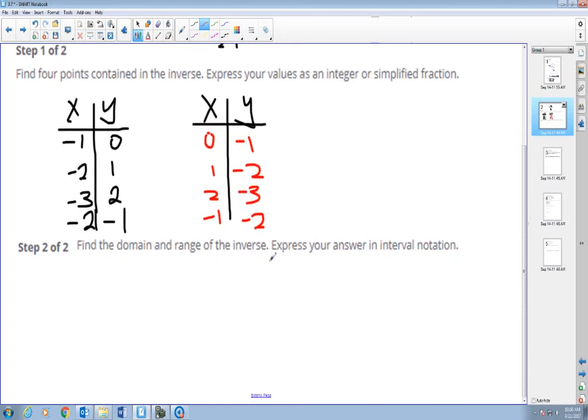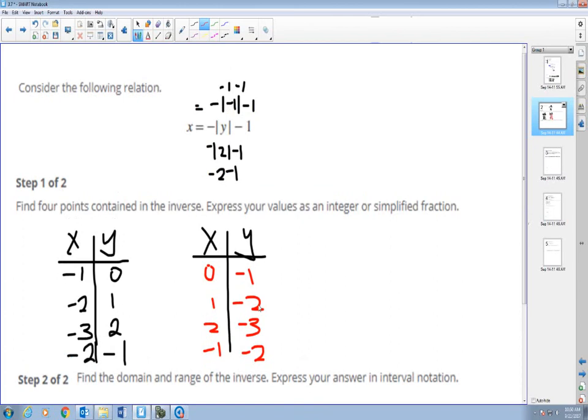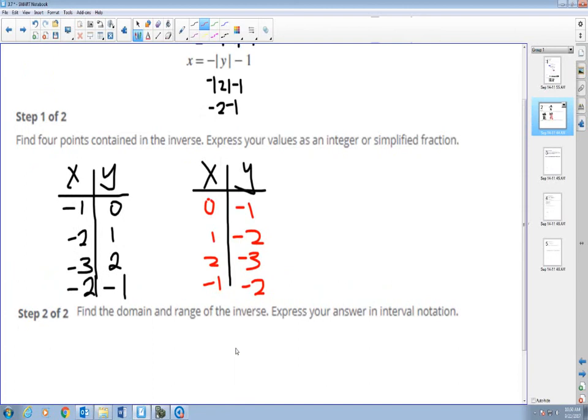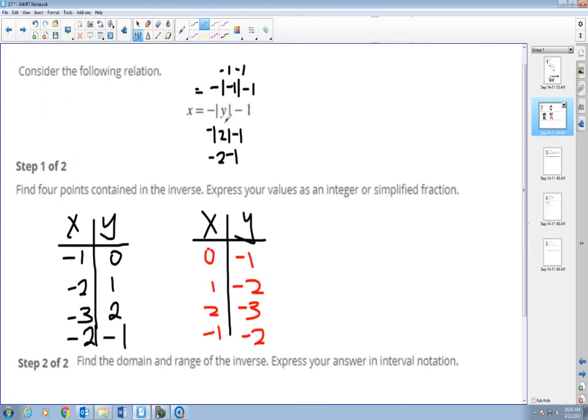Find the domain and range of the inverse. So what is my inverse here? Once I find the 4 points, I should be able to draw this picture. So what does this picture look like? This is an absolute value of y.